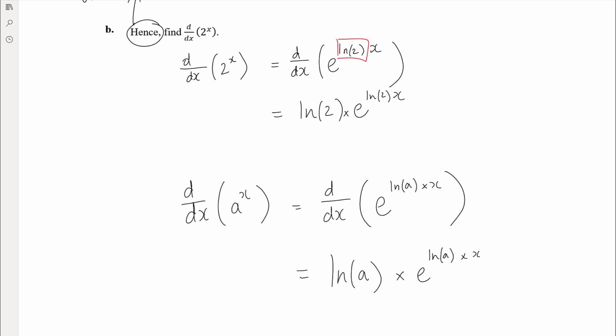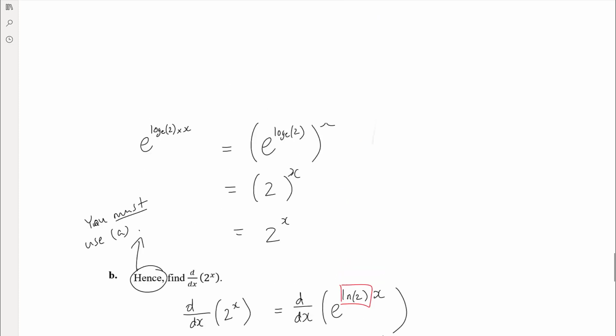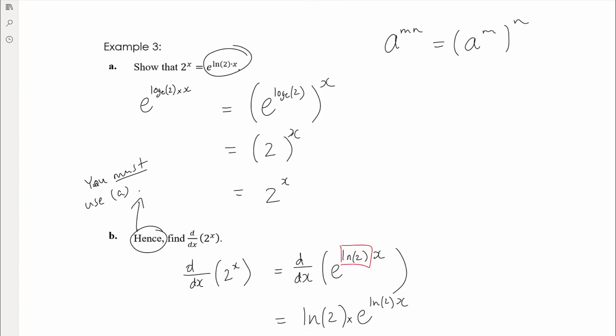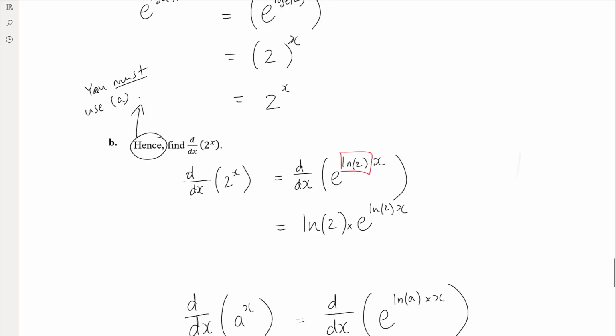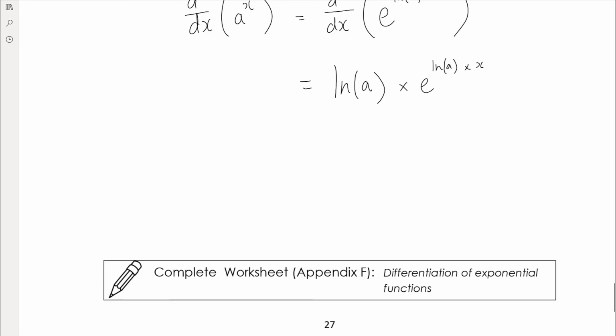So that would be generally true. You're not going to be expected to know that rule in particular, but you should be able to work through a question that steps you through the process. So if I ask you to show that this is equal to this, and then hence differentiate that, then as long as you're stepped through it, you should be able to do that.